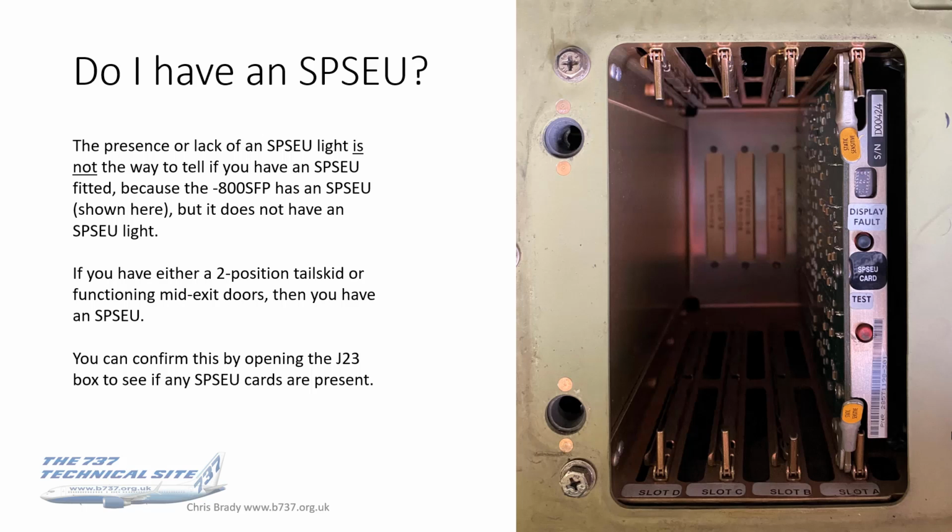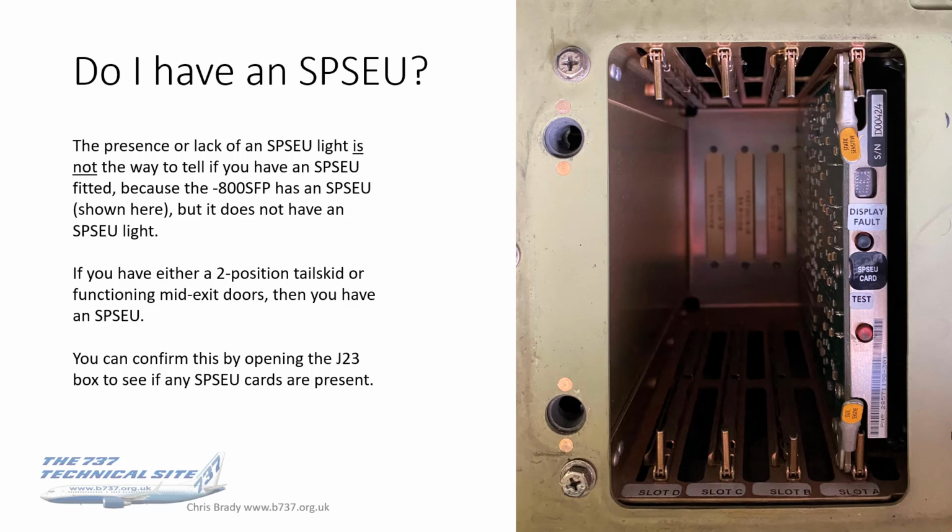So, if I could try and summarise, how do you know whether you've got an SPSEU or not? I guess my point of the previous slide is to say the presence or lack of an SPSEU light is not the way to tell if you've got an SPSEU fitted.